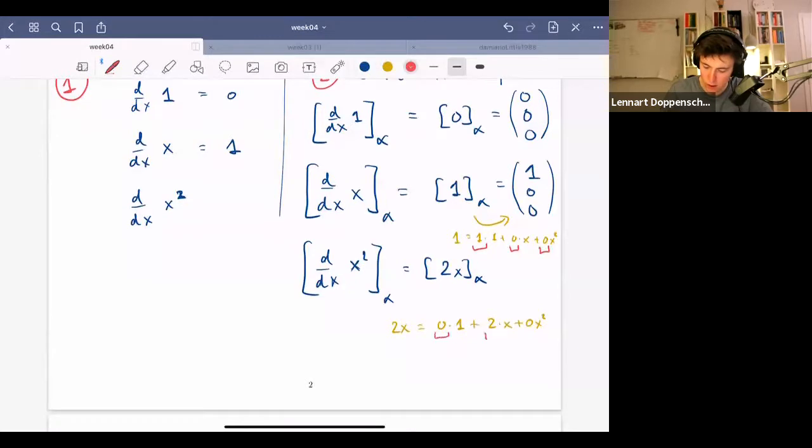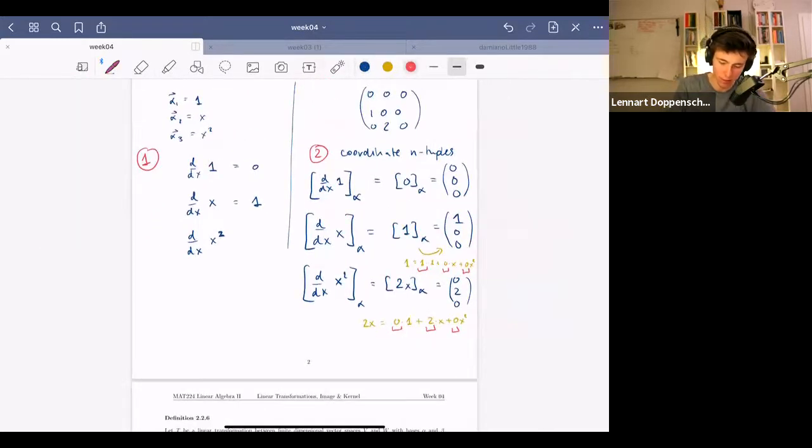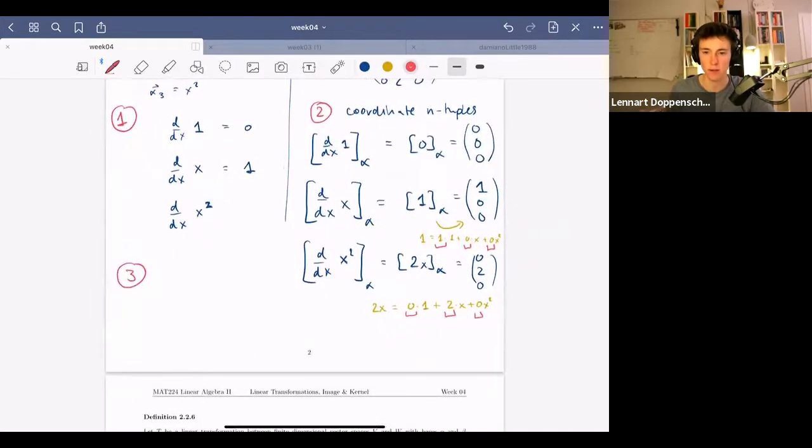These are the coefficients, and then we just write them as a vertical column, and we get 0, 2, 0. Correct. And now the last step, step 3, just says that we should assemble these in the order that we found them inside a matrix. So we'll obtain a matrix consisting of 0, 0, 0, 1, 0, 0, and 0, 2, 0.